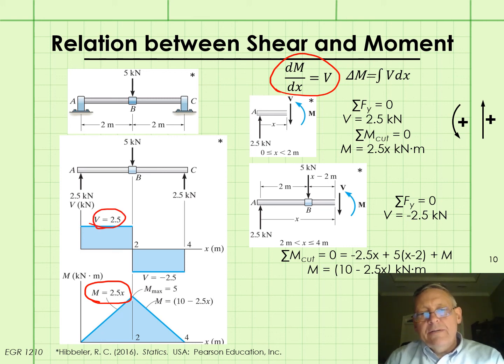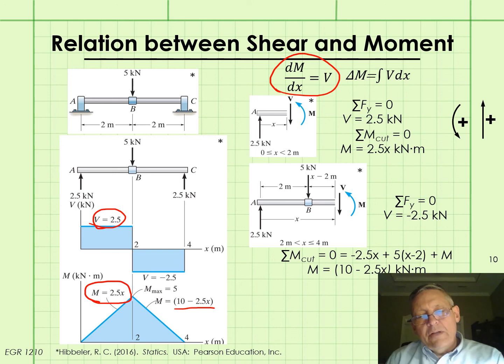So that checks. Now let's look at the second portion of the moment diagram, where the moment is equal to 10 minus 2.5x.